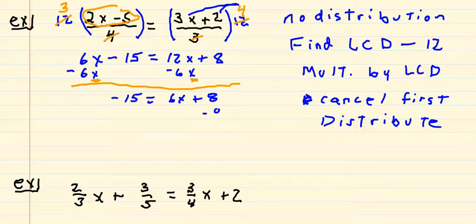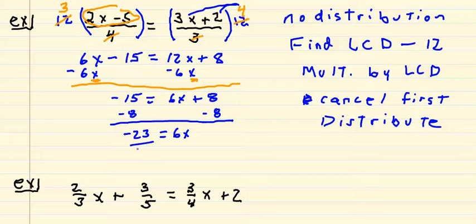Subtract 8, subtract 8, and we get 6x equals negative 23. Divide by 6 to both sides. X equals negative 23 over 6.